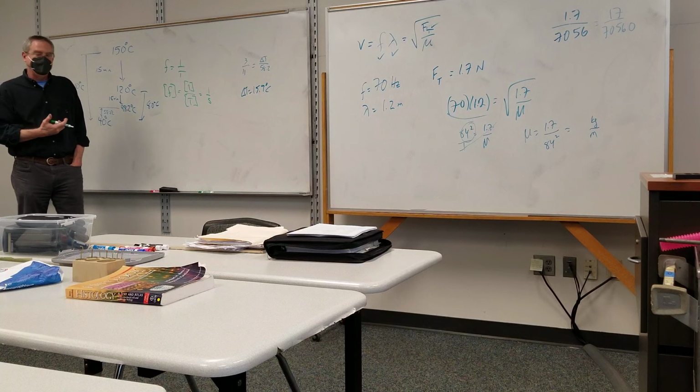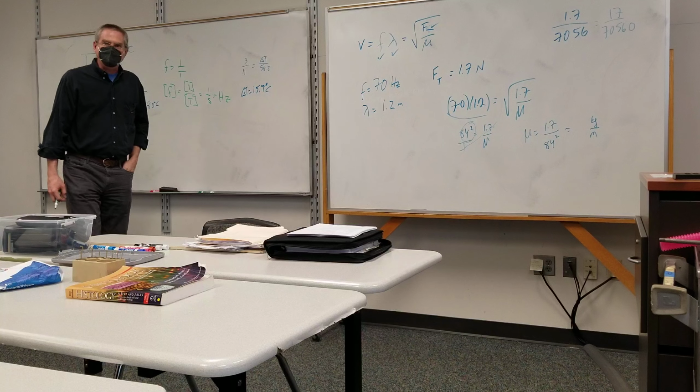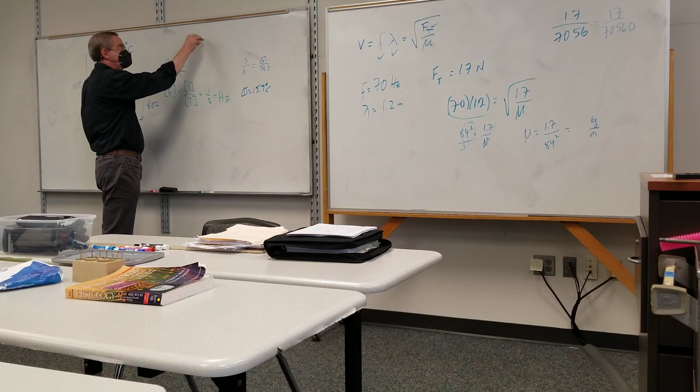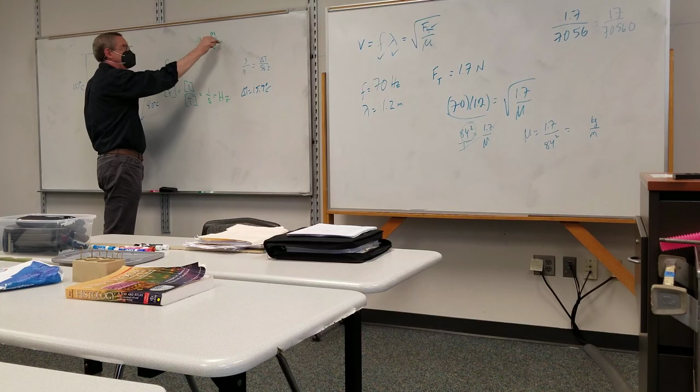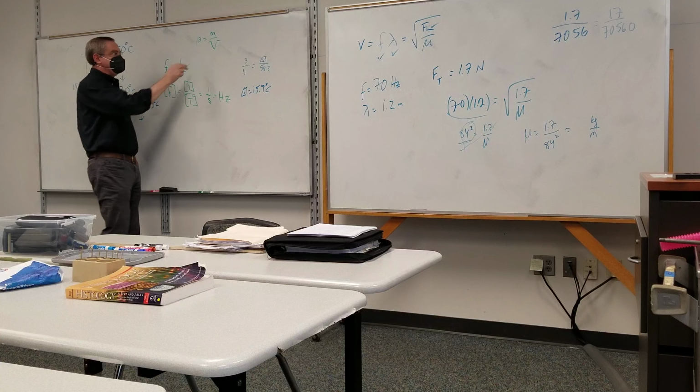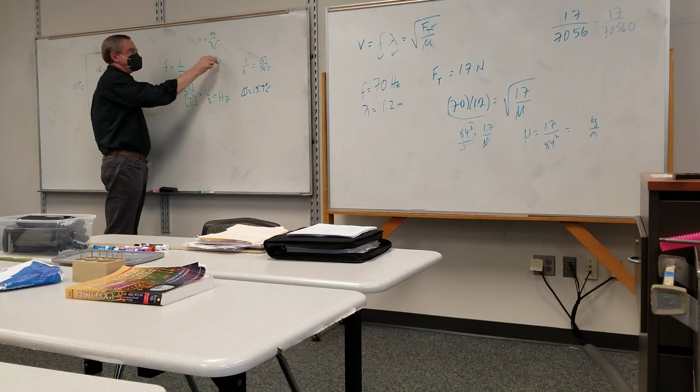So over here, linear density. I know density, regular density, is mass over volume. Linear density is mass over length. So unit of mass, kilograms, unit of length, meters. So kilograms per meter.